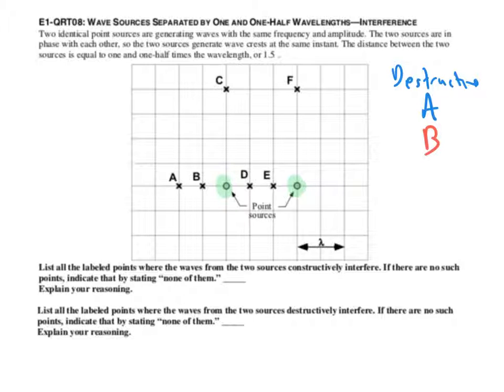If we do C, it is going to be a little trickier, because now we need the distance from the point to the source we care about. This is 2 wavelengths, that was easy. But then we have over here 3/2 of a wavelength, and what we care about is this distance.